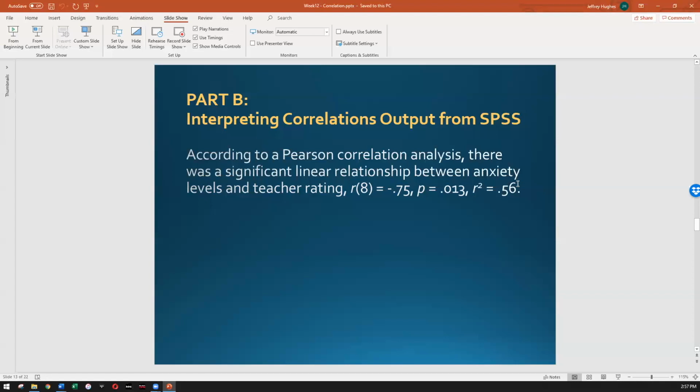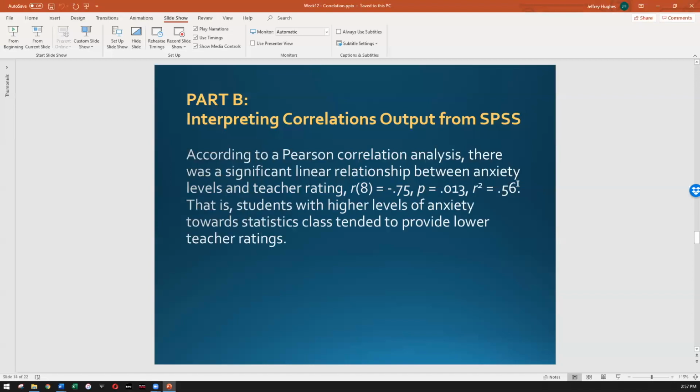This negative correlation between anxiety and teacher rating. That as anxiety goes up, teacher rating goes down. Yep, perfect. And so there's multiple different ways to say this, but yes, you got it right. So we just describe what we found in words.